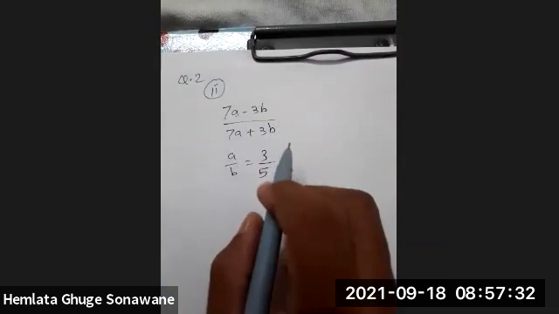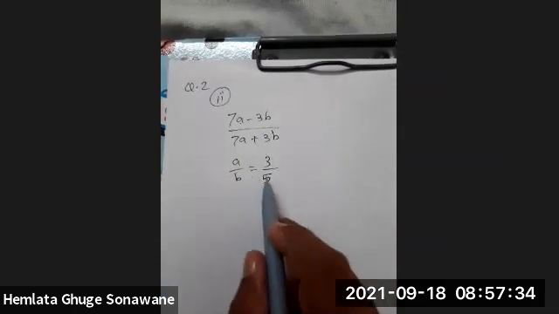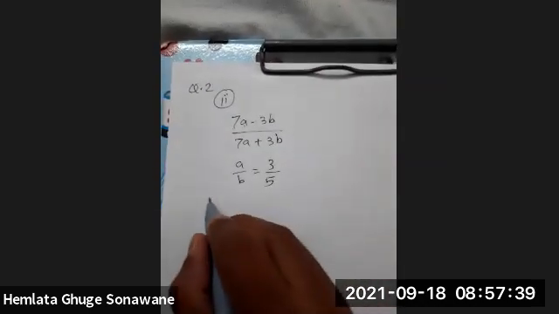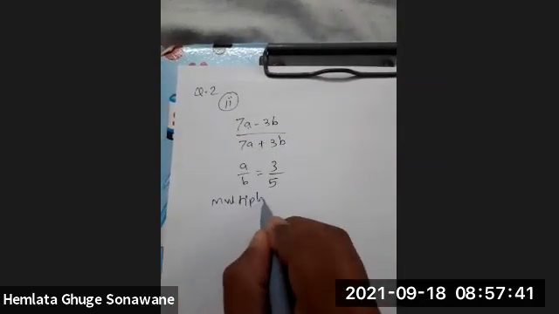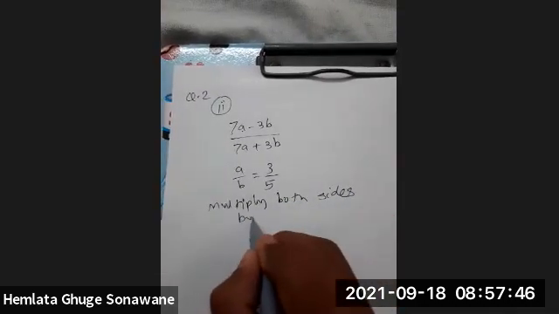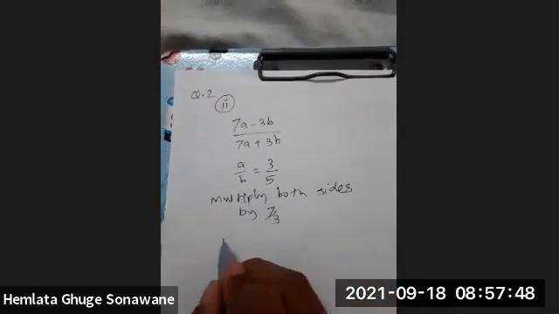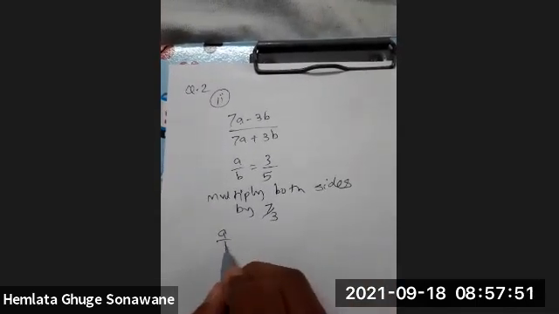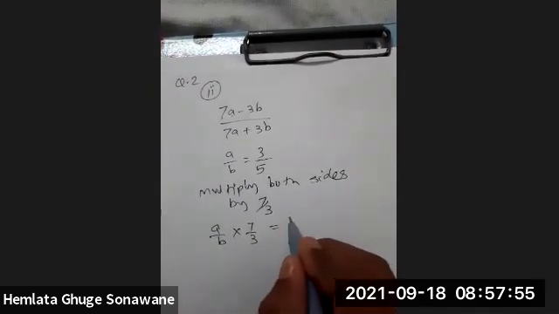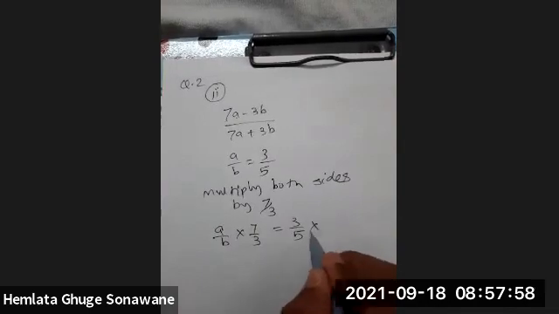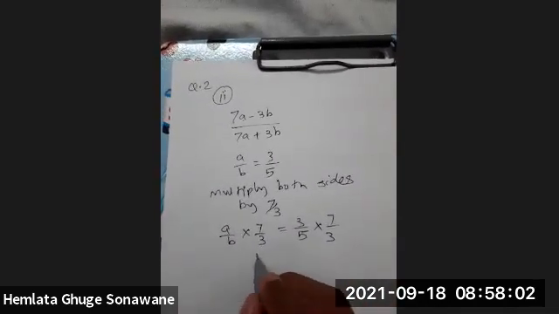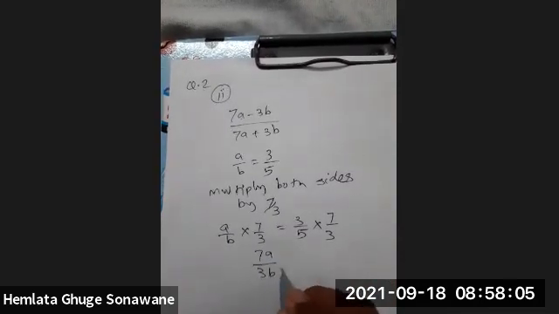So we'll here multiply both the sides by 7 upon 3. So here a upon b into 7 upon 3 is equal to 3 upon 5 into 7 upon 3. Here it becomes 7a upon 3b.